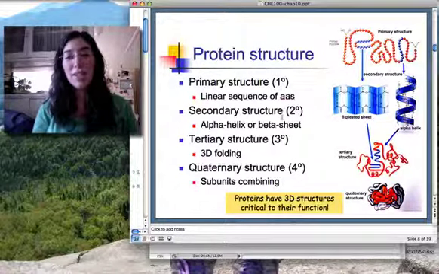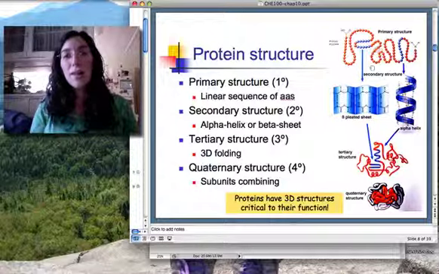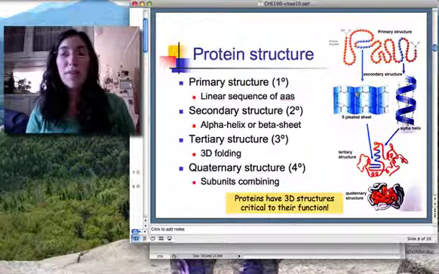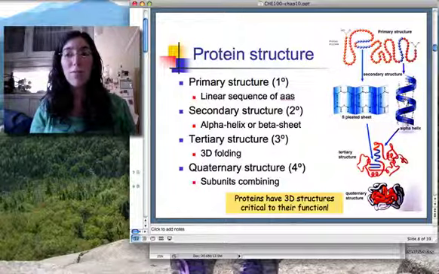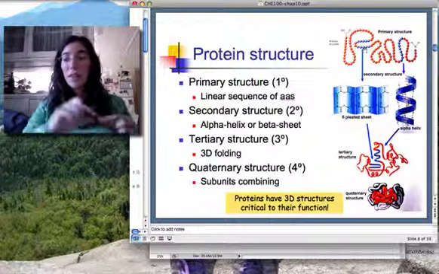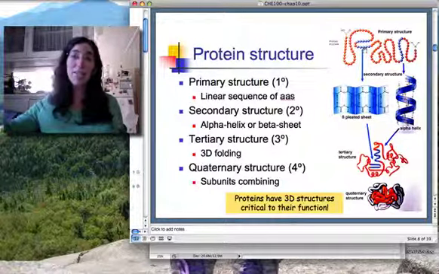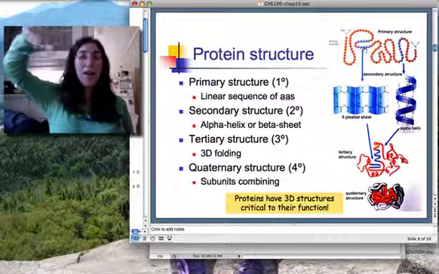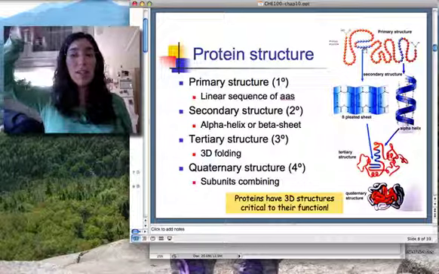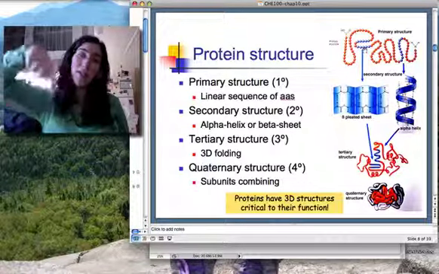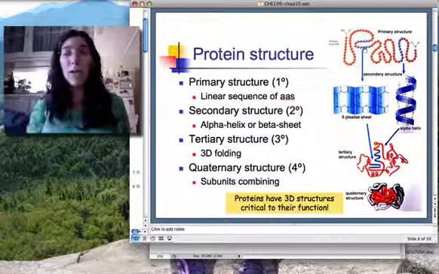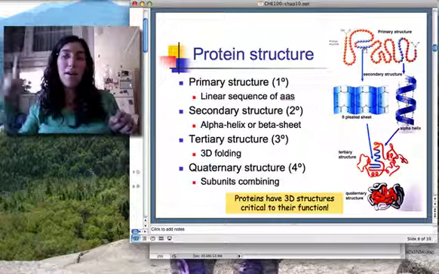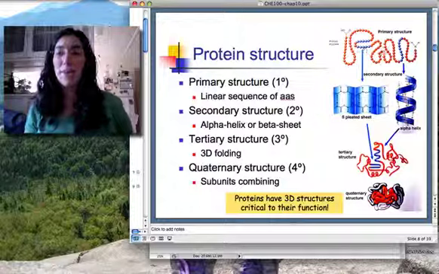So the secondary structure of a protein can either take the shape of what's called a beta pleated sheet or an alpha helix. Essentially, this long chain, this beaded necklace, can either wind up in a helical fashion, like a phone cord, all coiled, or it can fold back and forth in a sheet-like fashion.